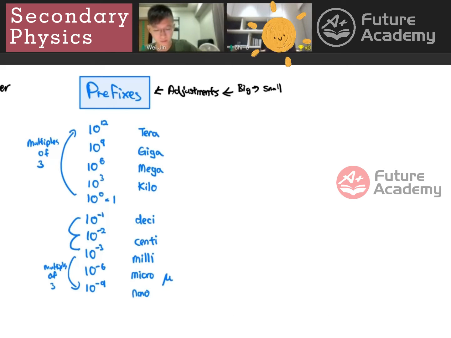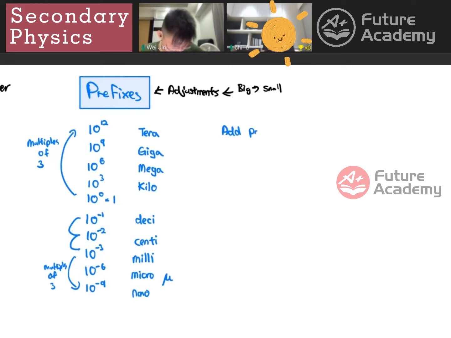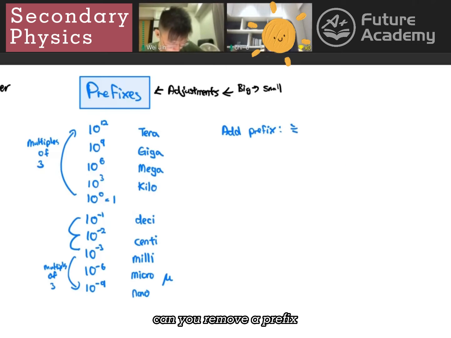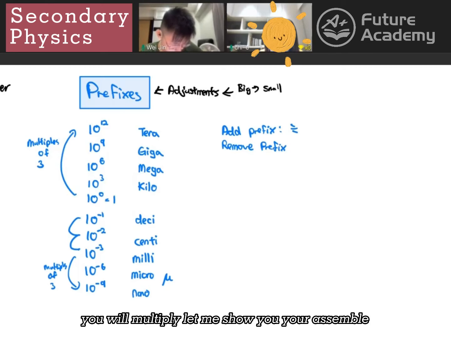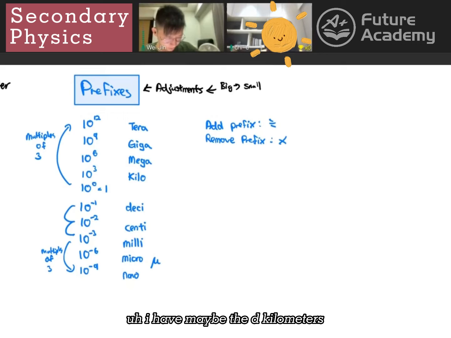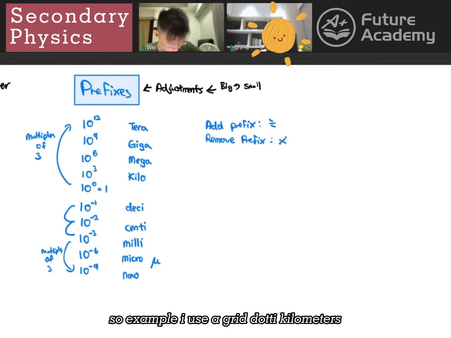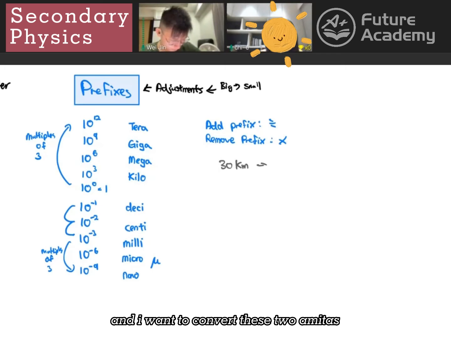The simpler way to think about this is, if you want to add a prefix, you will divide. If you remove a prefix, you will multiply. Let me show you an example. I have maybe 30 kilometers, and I want to convert this to meters.